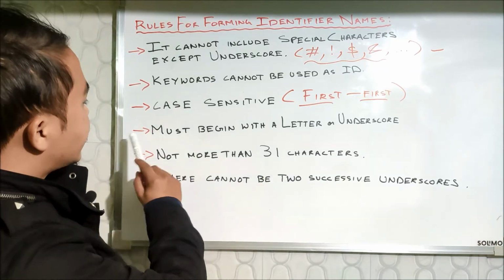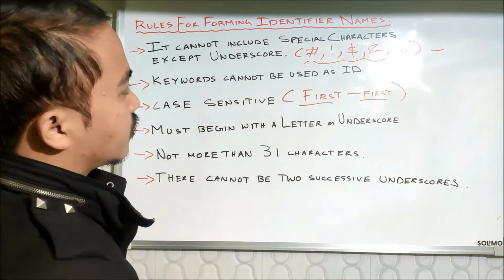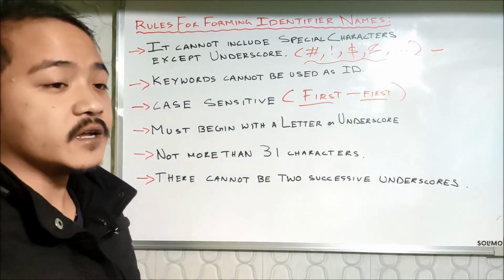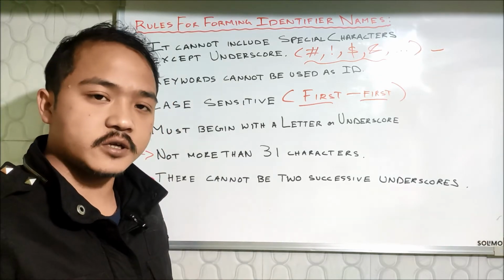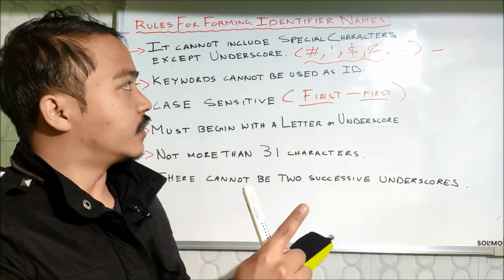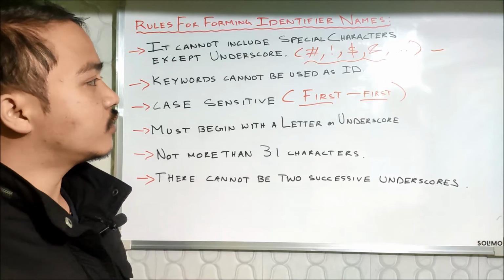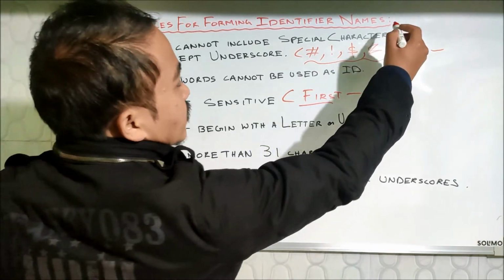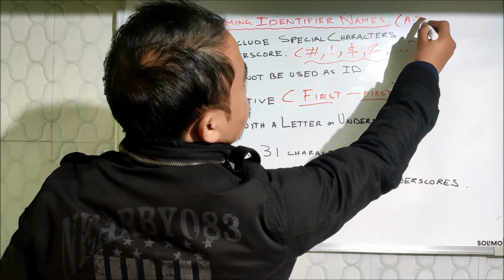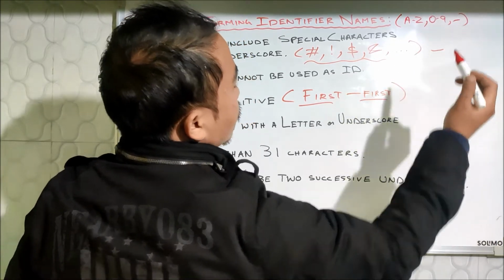The next one is it must begin with a letter or an underscore. I forgot to tell you in the beginning, identifiers can include alphabets, numbers, and underscore. So an identifier can include, let's say, A to Z, 0 to 9, and an underscore.